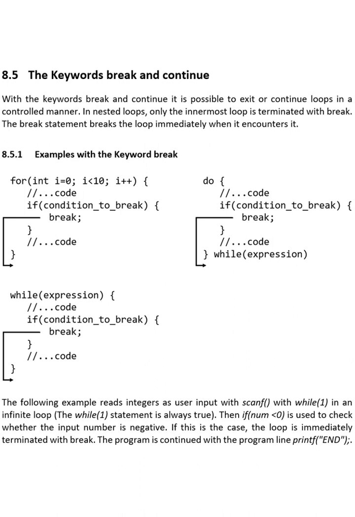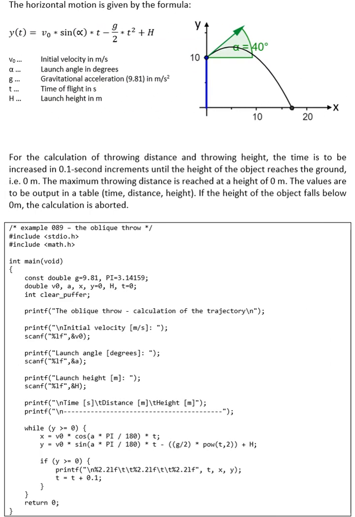With the keywords break and continue, it is possible to exit or continue loops in a controlled manner. The break statement breaks the loop immediately when it encounters it. And also, for the iterations like for loops, while loops, and do-while loops, there are many programming examples like here, the calculation of the oblique throw.